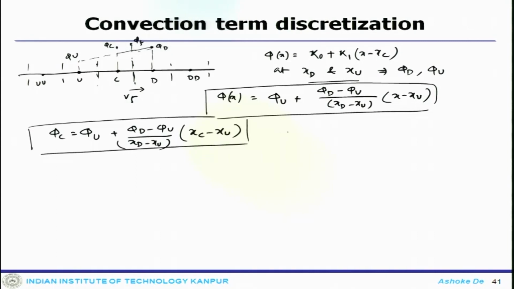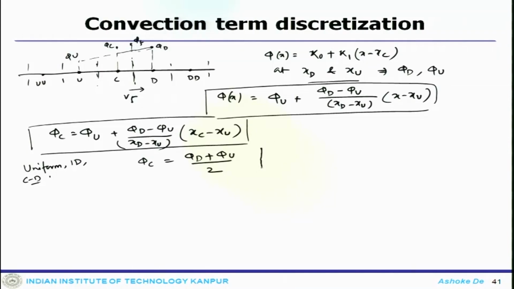Now, again the assumption remains a uniform grid, 1D convection diffusion system, then phi c becomes phi d plus phi u by 2, which is the centroid value, the average between these two.